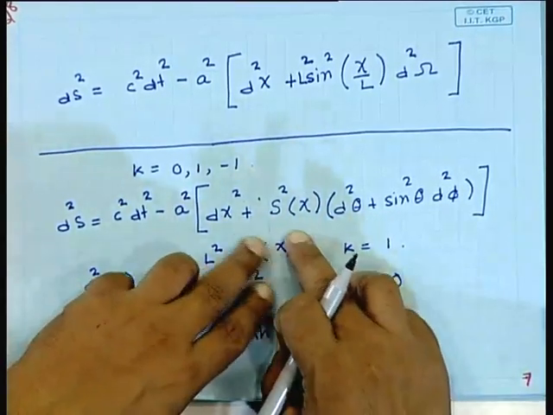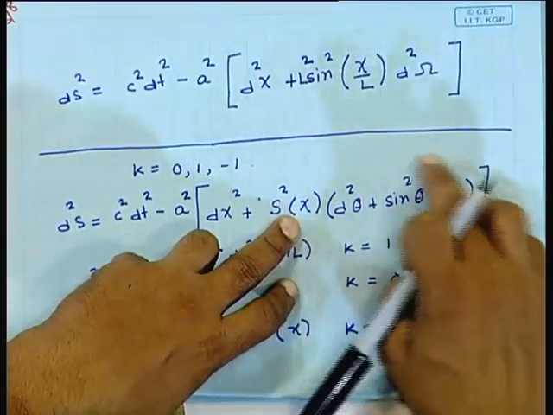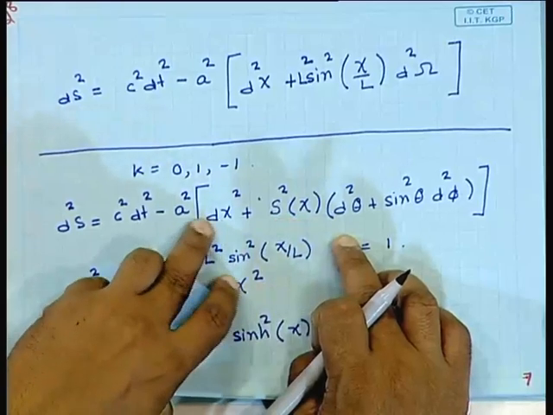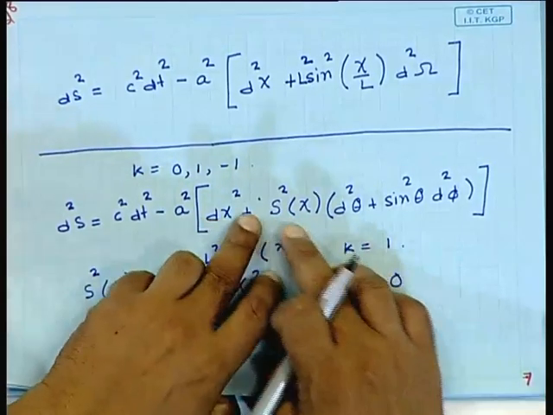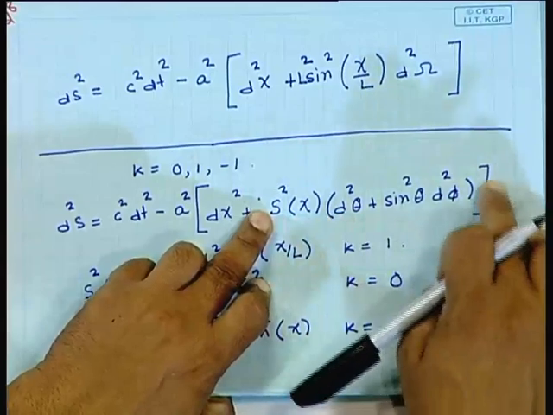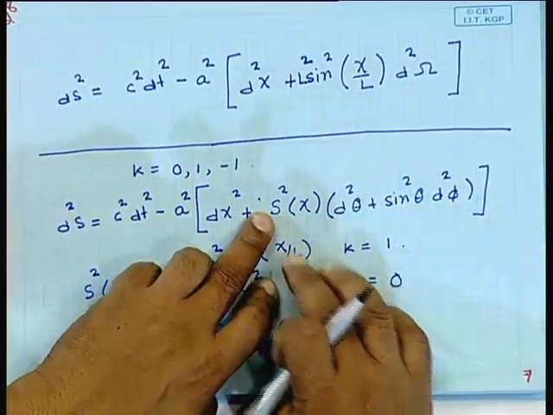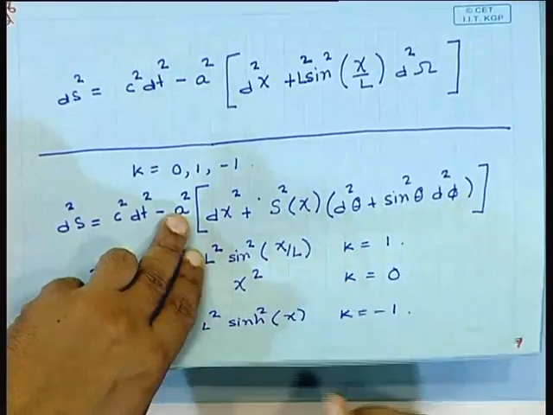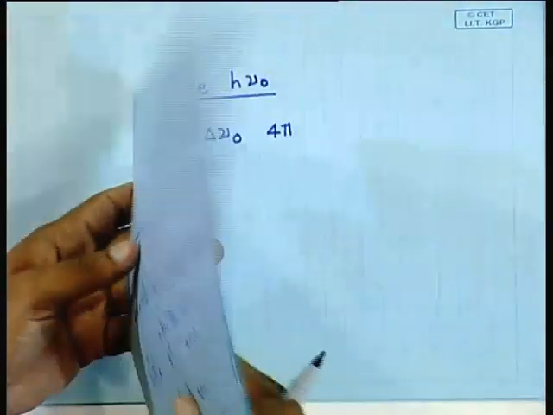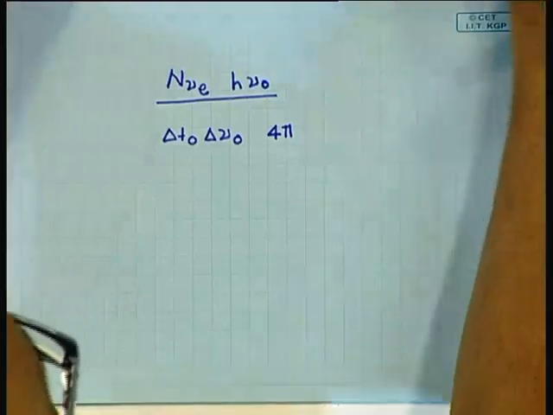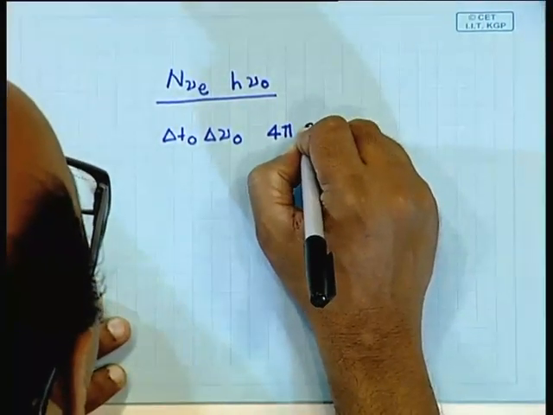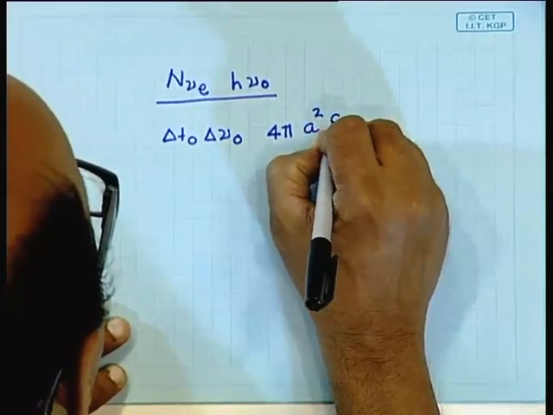The area is obtained by integrating the solid angle. The radial direction does not contribute to the area. So, the area is S square into 4 pi, that is what you will get when you integrate over all solid angle, into the scale factor squared. That is the physical dimension of the area, the proper dimension of the area. So, what we have then is this will be divided by 4 pi a squared S square.